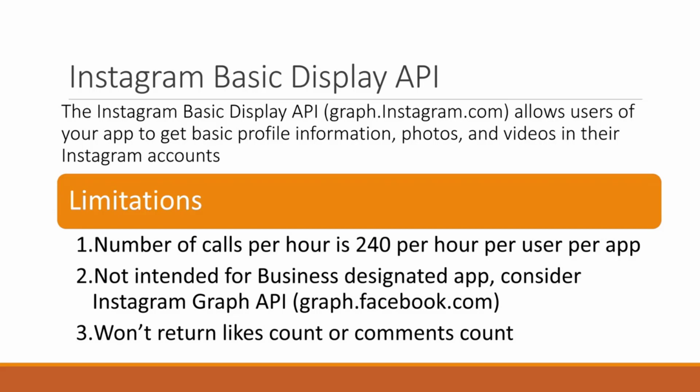So it's not very feature rich. In case you want to do something much more advanced, like allowing your users to engage within your app, maybe consider the Instagram Graph API. The endpoint is a little bit different: graph.facebook.com.